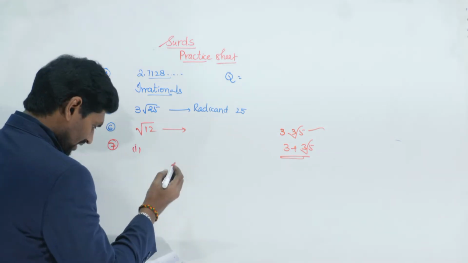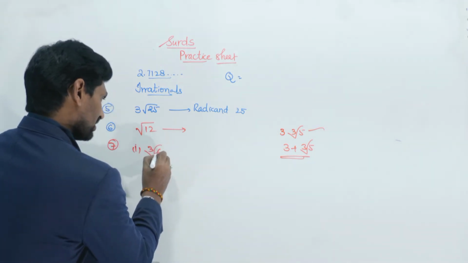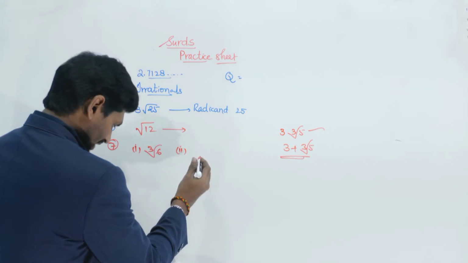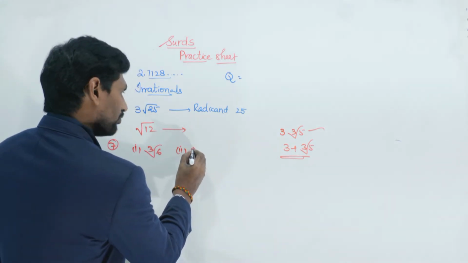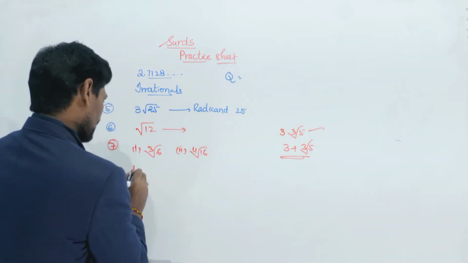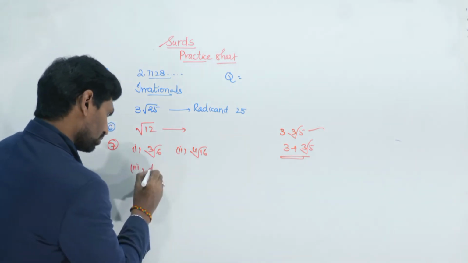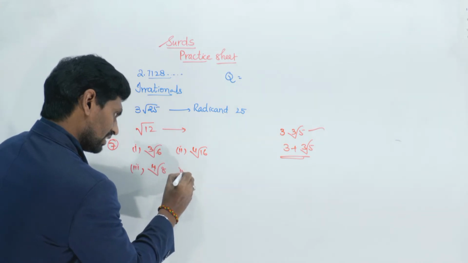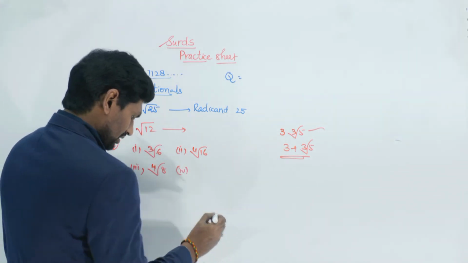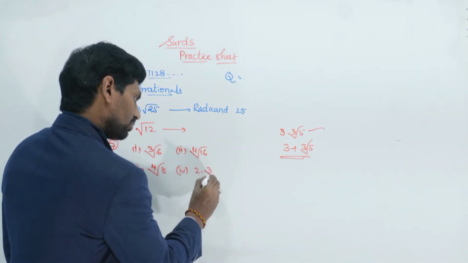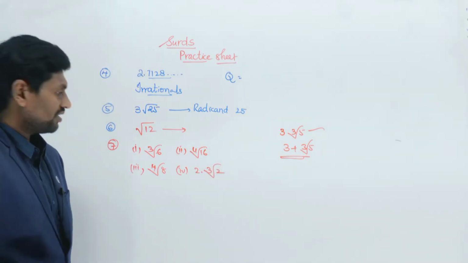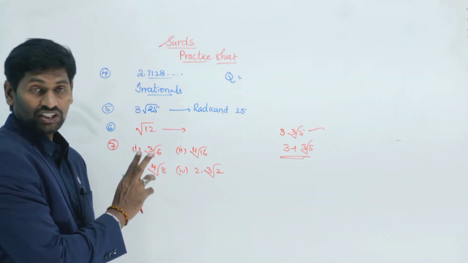What are the options given actually? Cube root 6. Second one is 4th root 16. Option 3, 4th root 8. And the last option is 2 into cube root 2. First one is a pure surd.